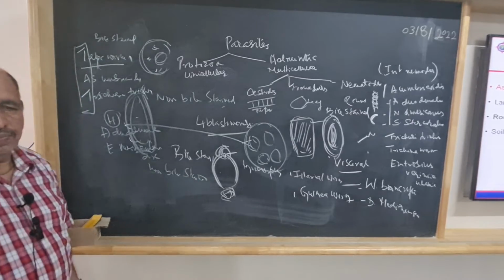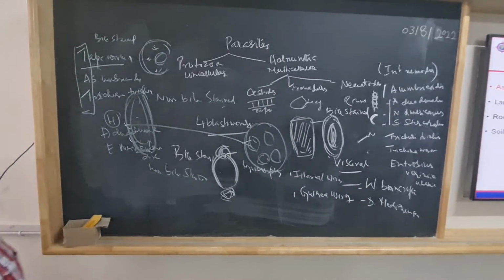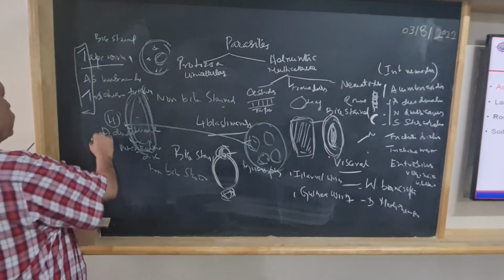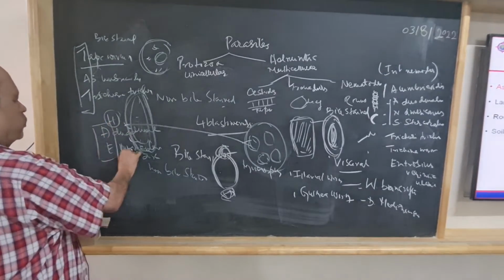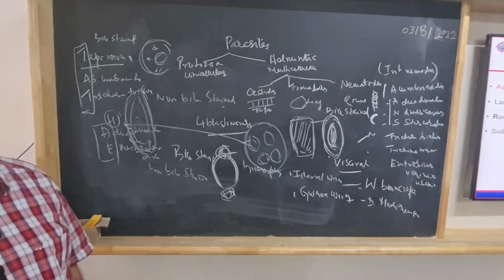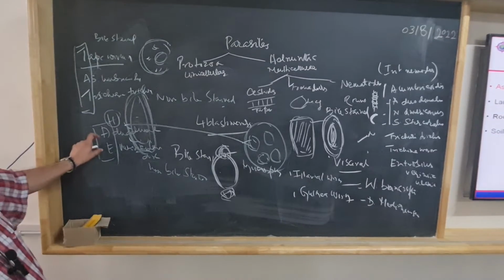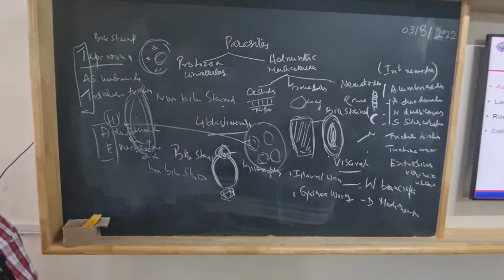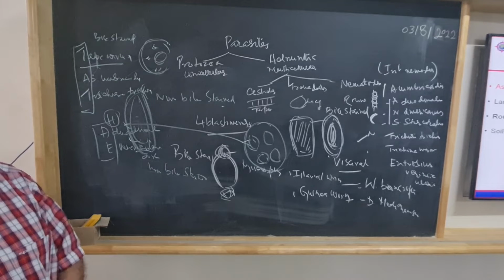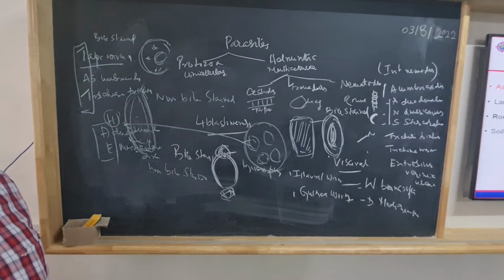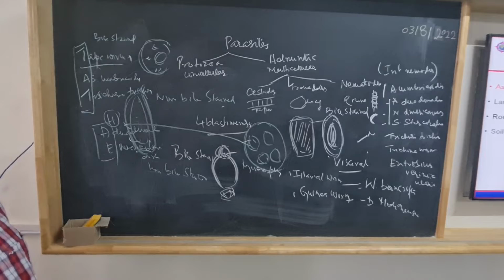So you remember AE: Ancylostoma duodenale and Enterobius vermicularis, the non-bile stained.